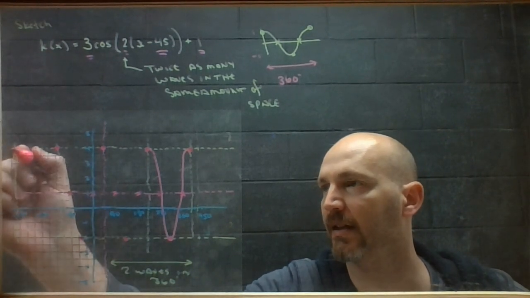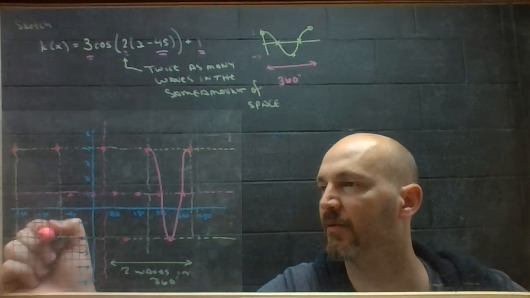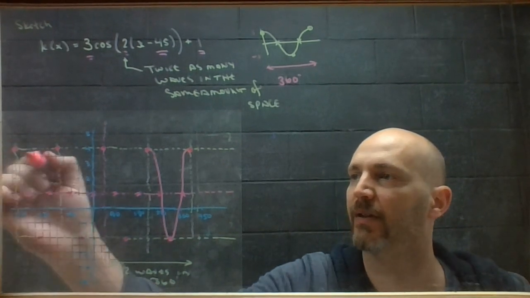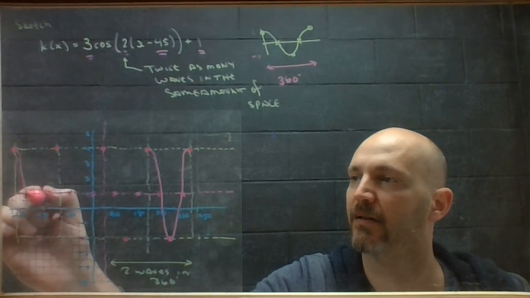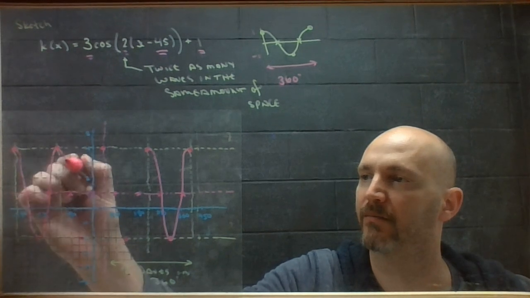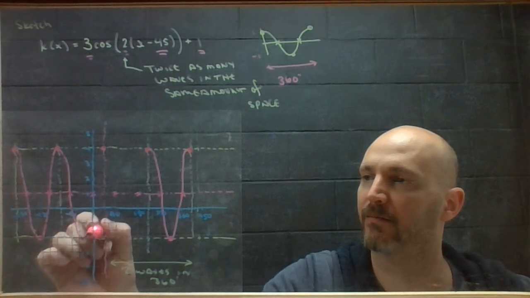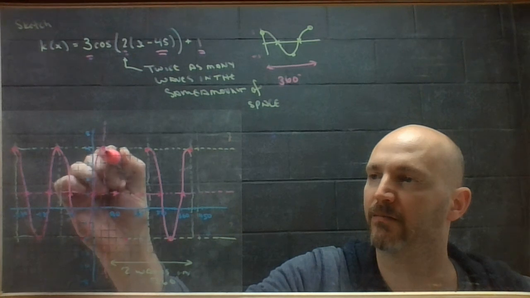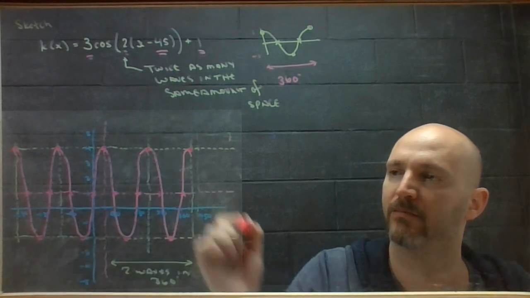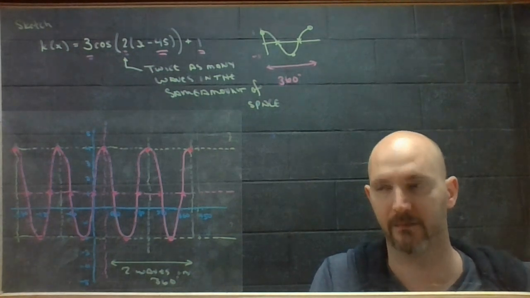Start high, end high, trough dead center, zero out halfway between those, and I can connect it in a nice continuous way. There you go.